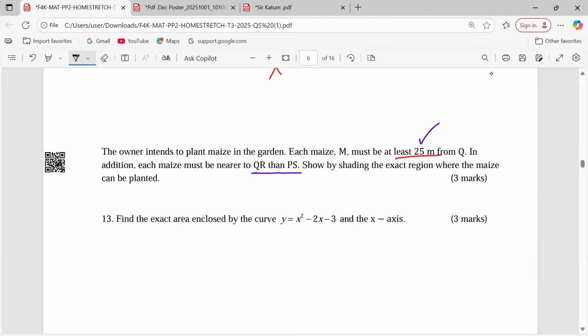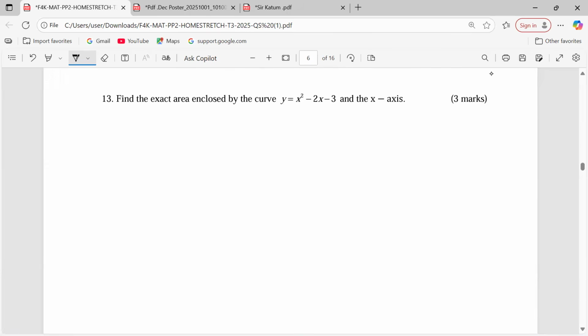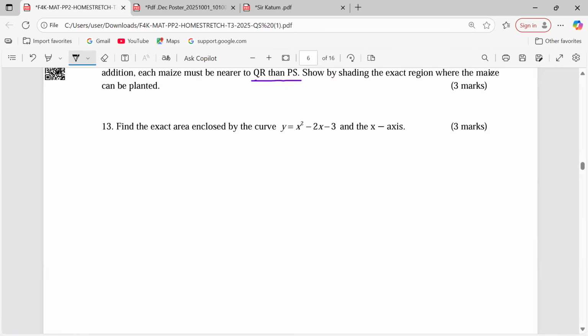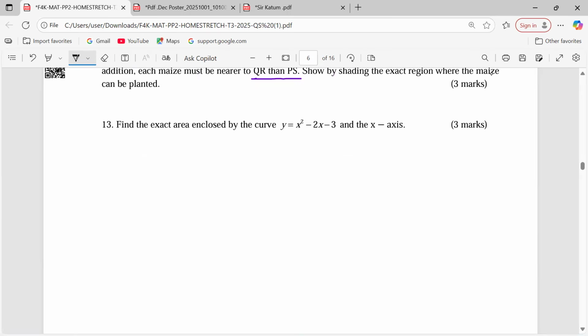A very simple question. Find the exact area enclosed by the curve y equals x squared minus 2x minus 3 and the x-axis. Now, if a curve is enclosing area with the x-axis, then we just have to identify the behavior of the curve around the x-axis.